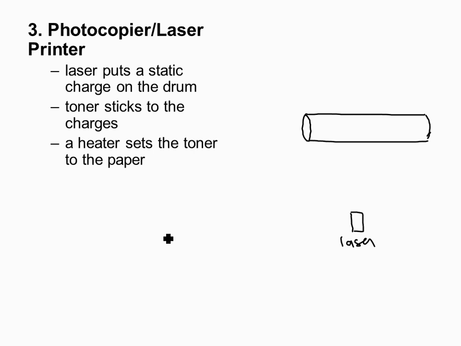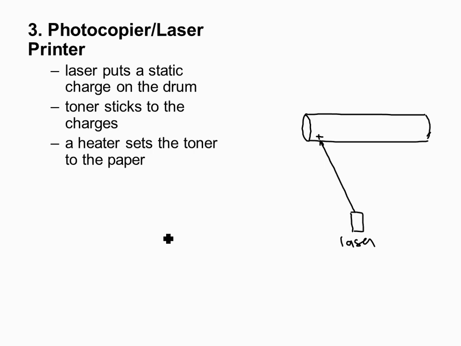The laser will fire a beam across the drum that's controlled by what you want printed. So the laser has an ability to aim, all right, and it puts the letters across the drum very quickly, okay? And it makes the surface of the drum become charged.